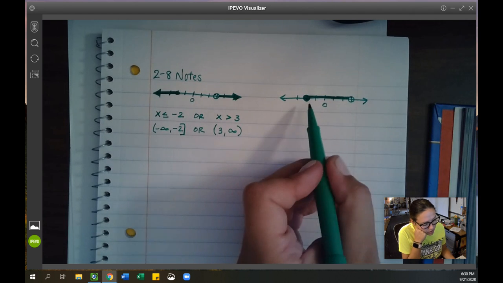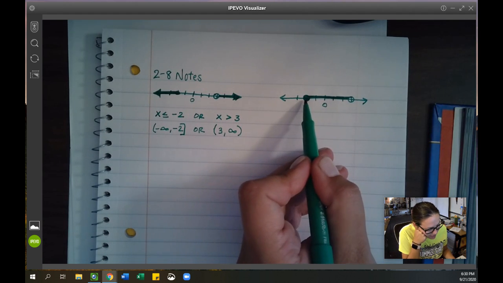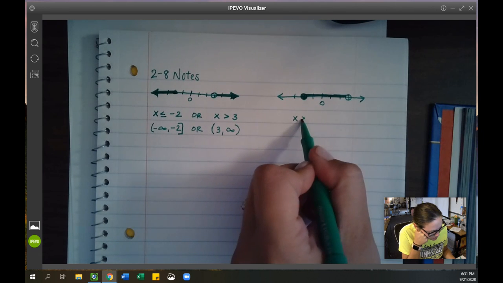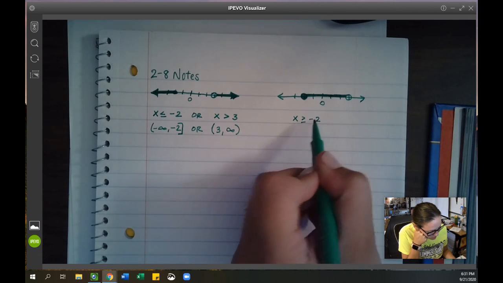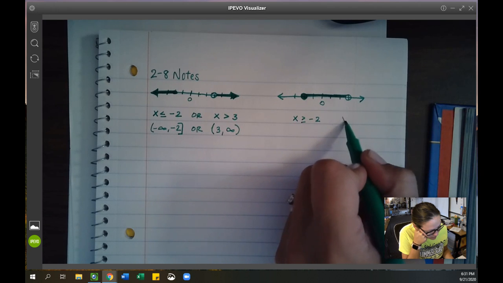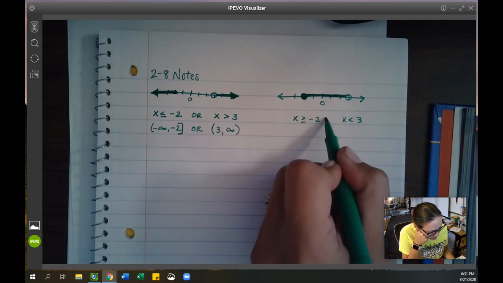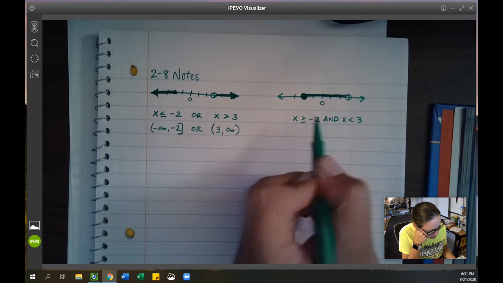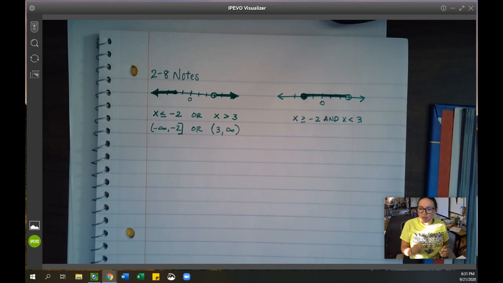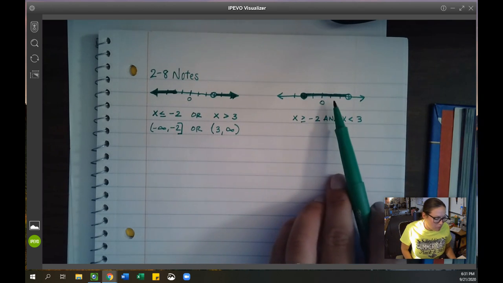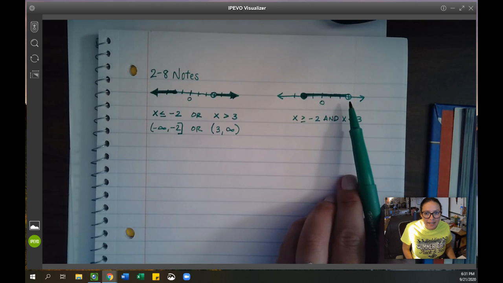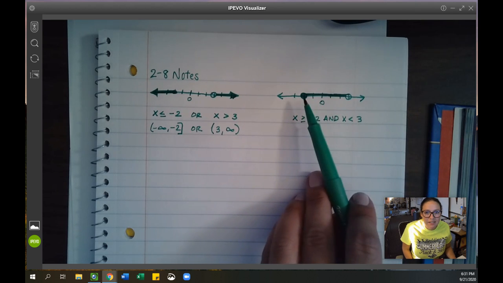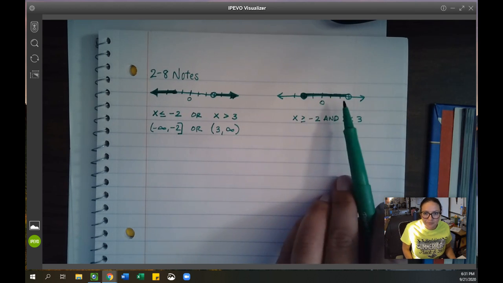So what this means is that these numbers are where x is greater than or equal to -2 and less than 3. But it has to be and, because both things are true. So for example, 1 is less than 3 and greater than -2.